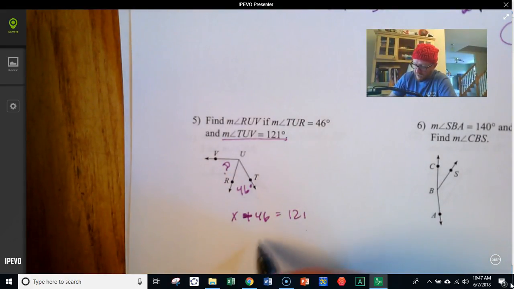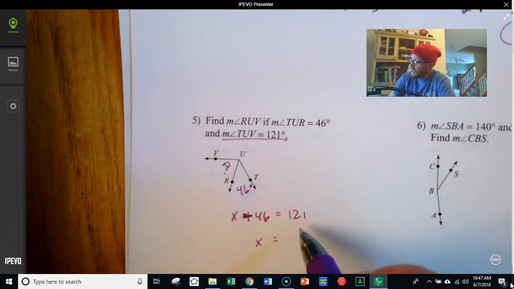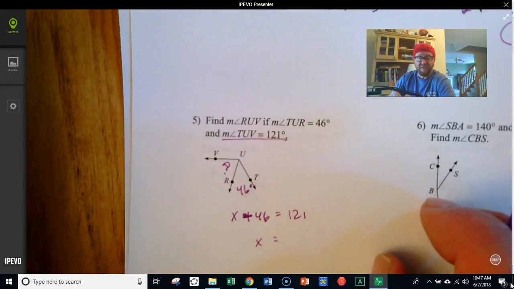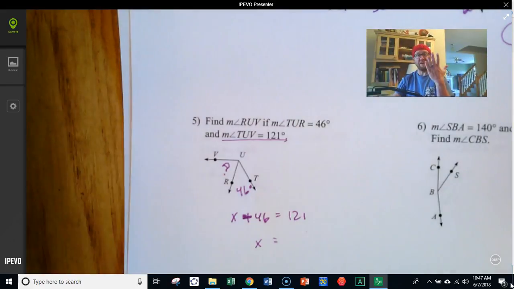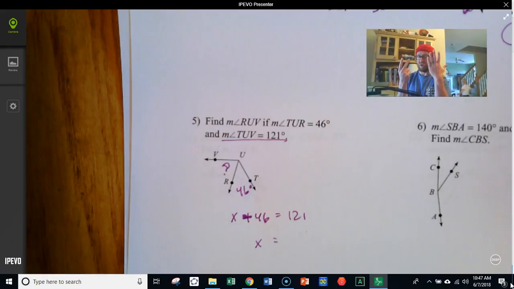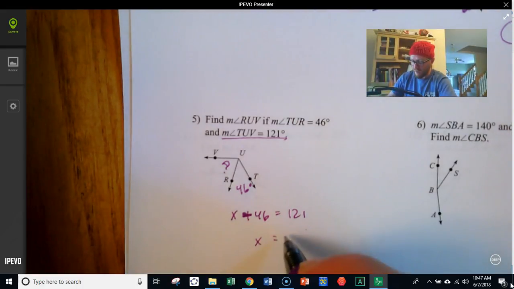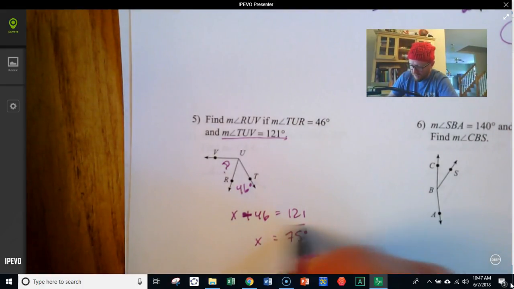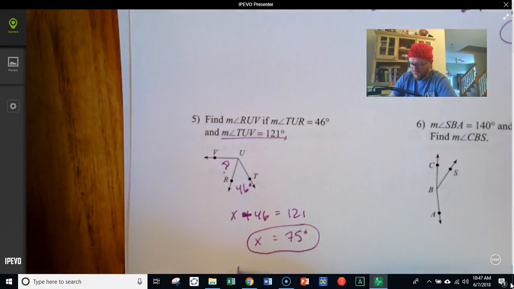So let's see, take away 46 from each side. 46, 56, 66, 76, 86, 96, 106, 116, 126 would be 80, but we fell 5 short, so 75. 75 degrees, okay? Which is the measure of angle RUV.